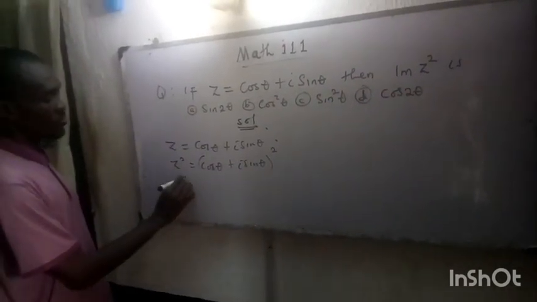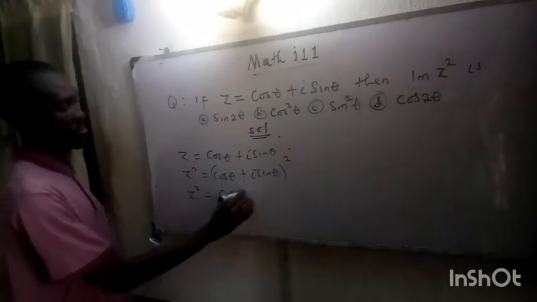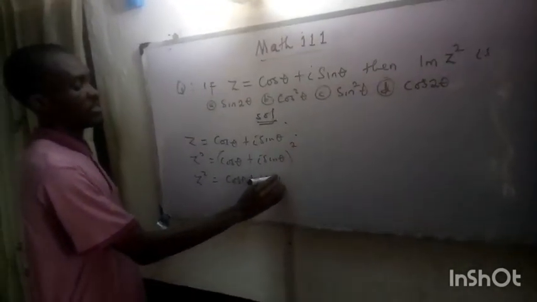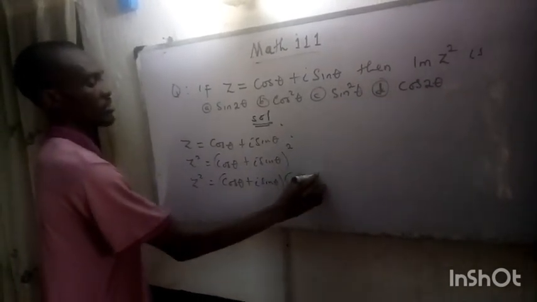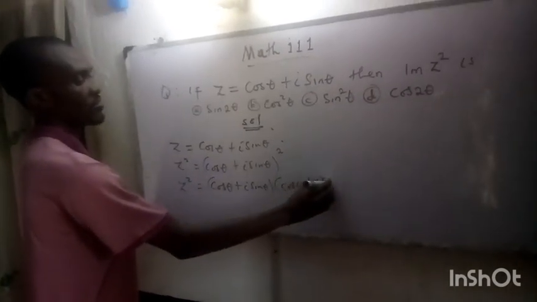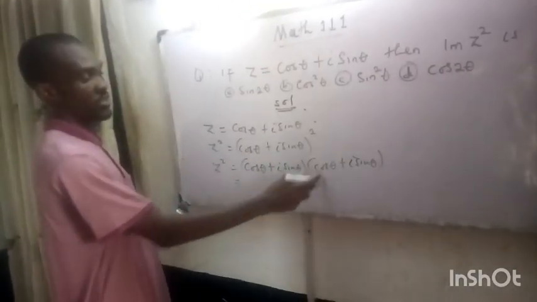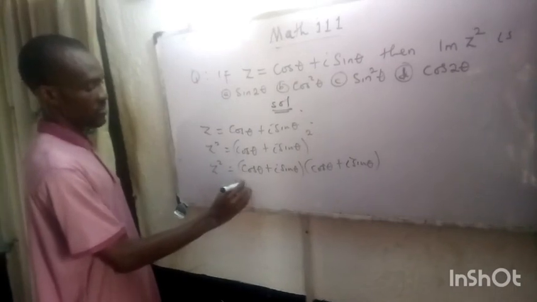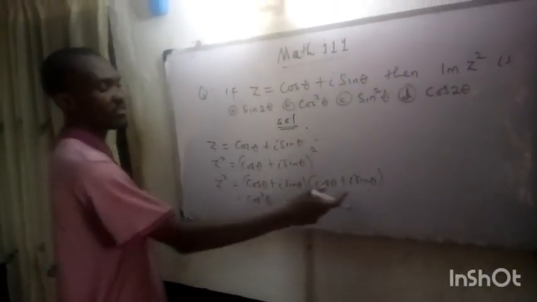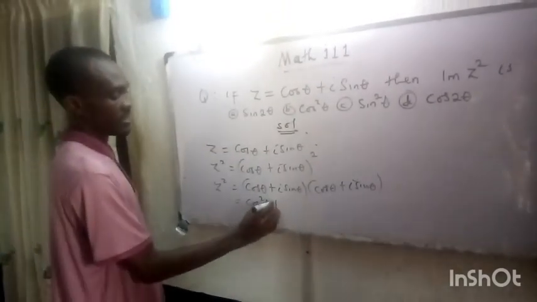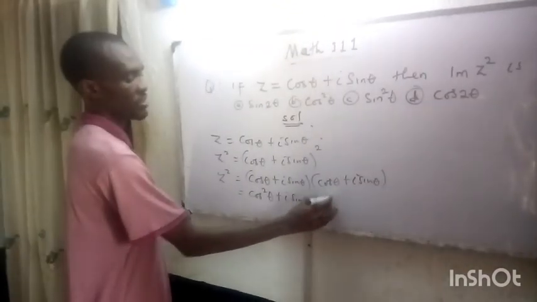So we have z squared is cos theta plus i sin theta multiplying cos theta plus i sin theta. So we have cos theta multiply cos theta. This is cos squared theta. Cos theta multiplying i sin theta, that is i sin theta cos theta.